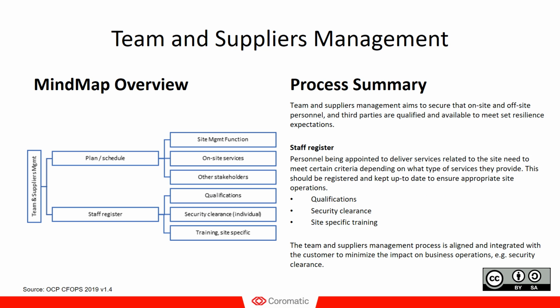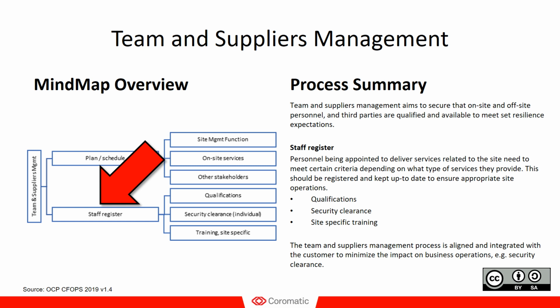The other part is the staff register. The staff register is to make sure that anyone gaining access to the site has the right qualifications, has the relevant security clearance as an individual, and if required, has the right site-specific training. At the same time, there may also be requirements for qualifications and security clearance and even site-specific training before someone can do off-site work.